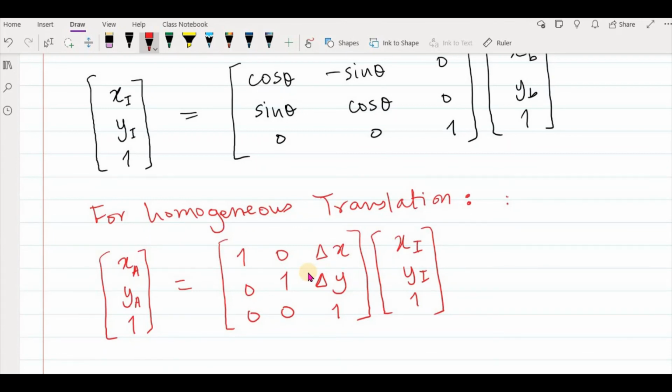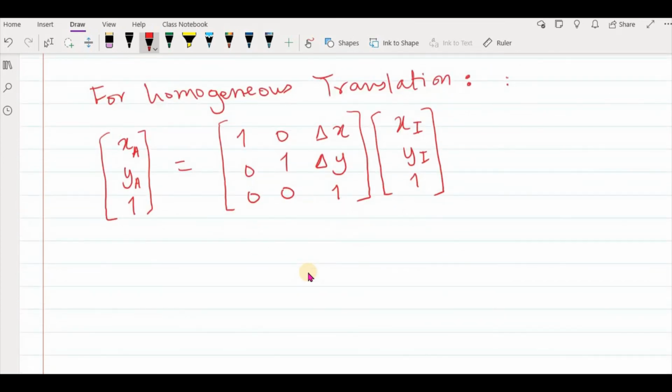You just multiply this matrix with the homogeneous coordinates of the frame I, and you will get the homogeneous coordinates of the point P in frame A. You just ignore the 1, and these two will be your coordinates.